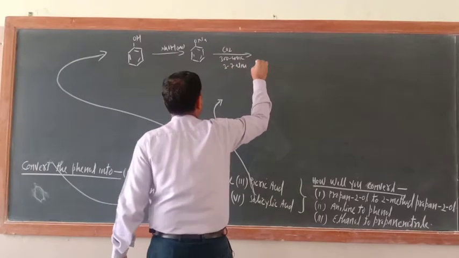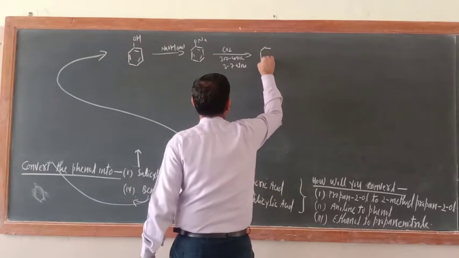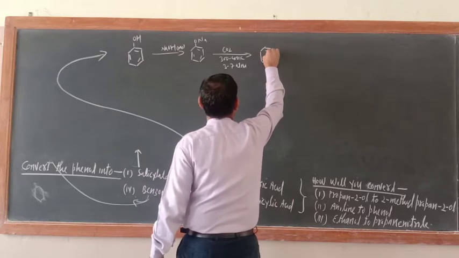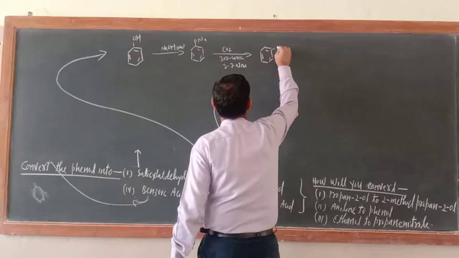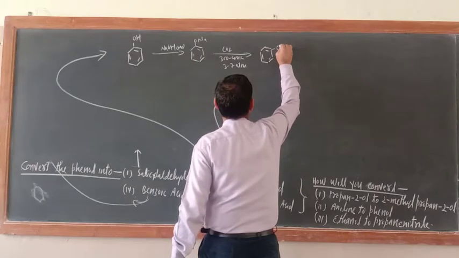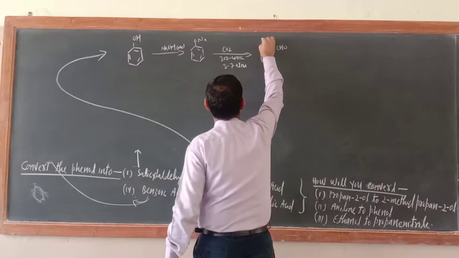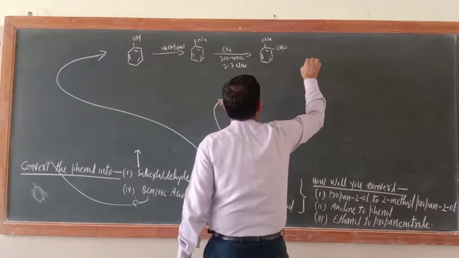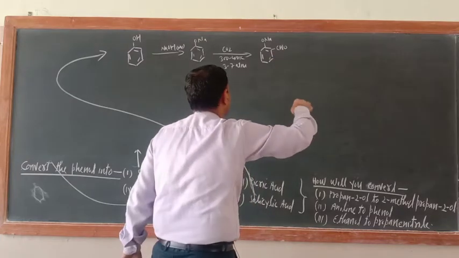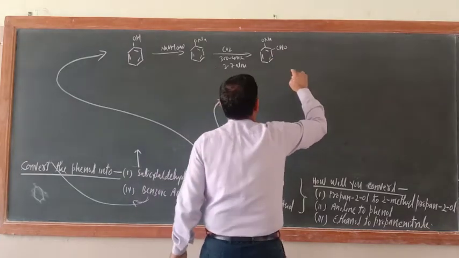Then the ultimate product would be CHO here, and here ONa. Now you can write the final product also, there is no issue.